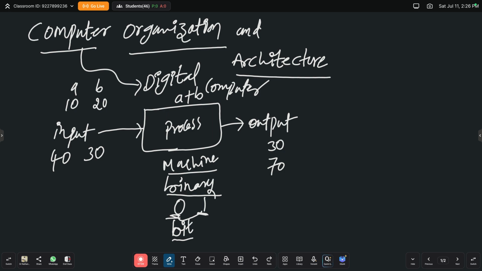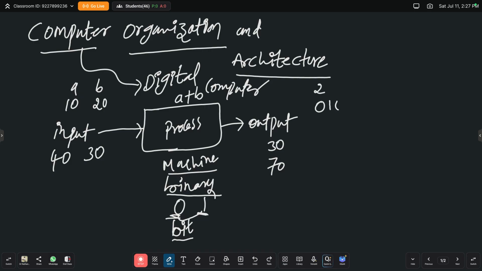Don't confuse. Now, information is represented in digital computers in groups of bits. For example, what is the binary number of 2?